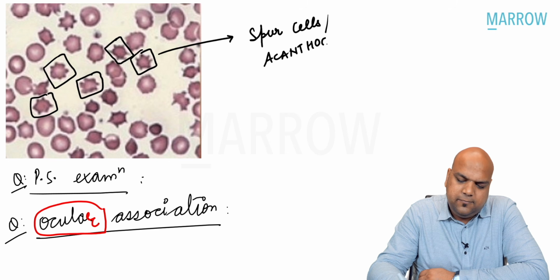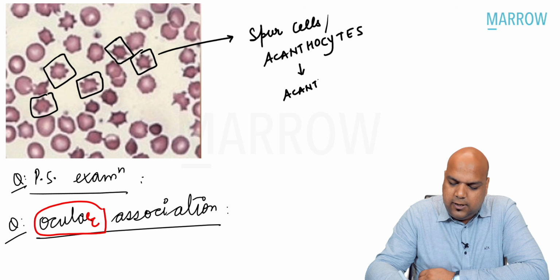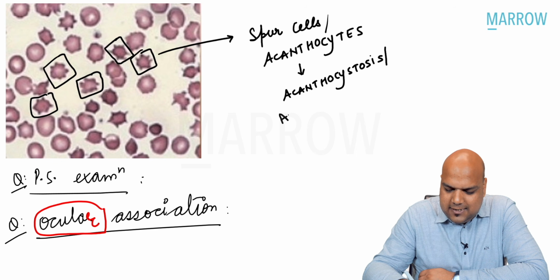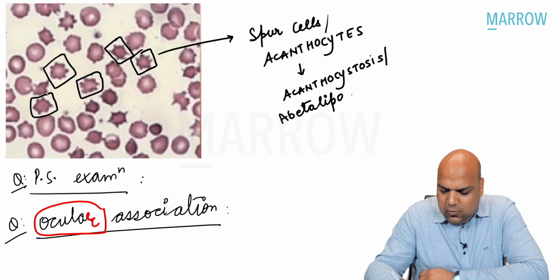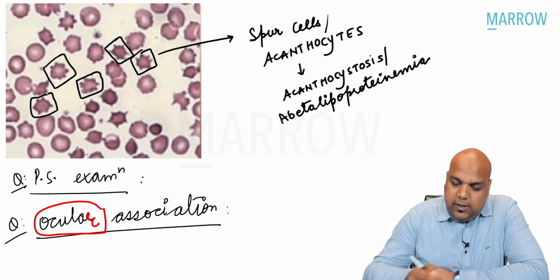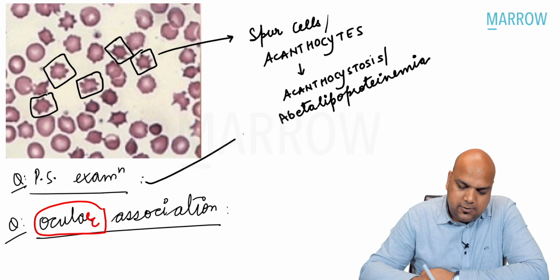Yes, I am right. Now I remember. Acanthocyte spur cells called as acanthocytosis. Obviously, what a big deal. But acanthocytosis is also called as abetalipoproteinemia. Now, acanthocytosis or abetalipoproteinemia, that is your answer.